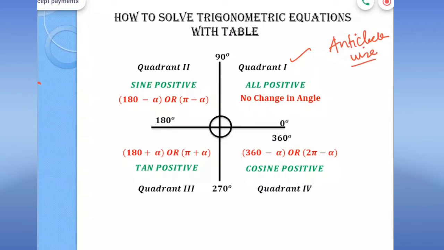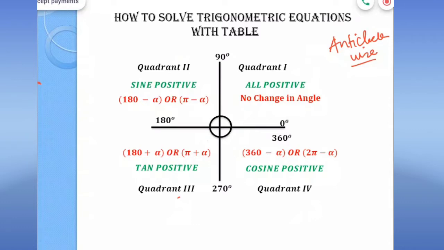So we are moving like this. This is our first quadrant, that would be the second one, that would be the third one, and that would be the fourth one, like this. The second thing is we need to know what is all positive.